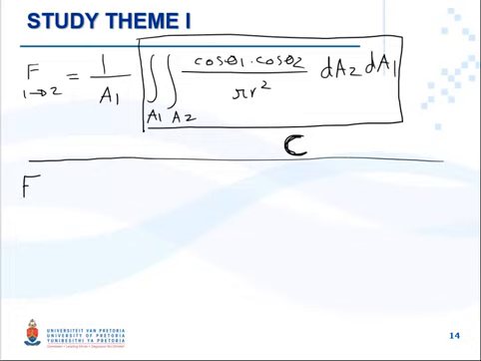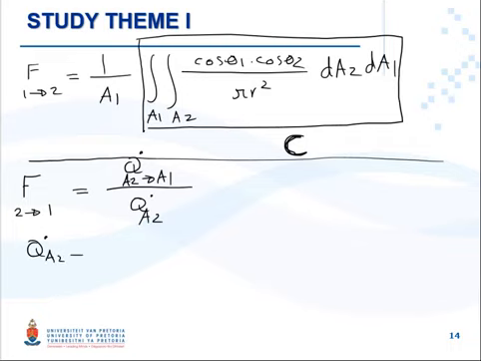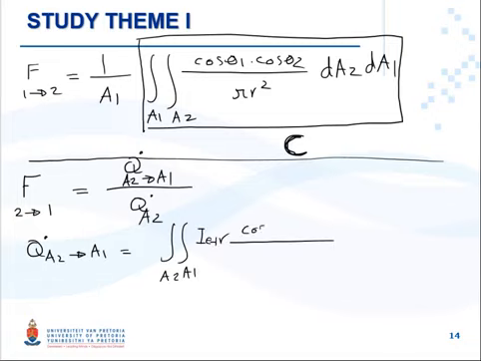Let me calculate F21 as well. From the definition of view factor, I can say that it's Q̇ A2 to A1 divided by Q̇ A2. Q̇ A2 to A1 is equal to the integration over A2 to A1 of (E plus R) cosine theta 1 cosine theta 2 over r² dA1 dA2.